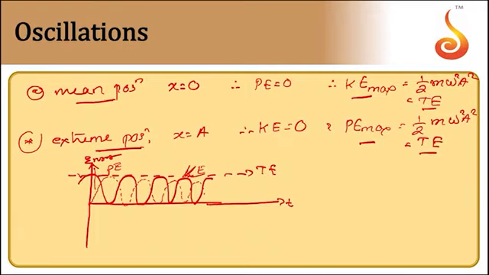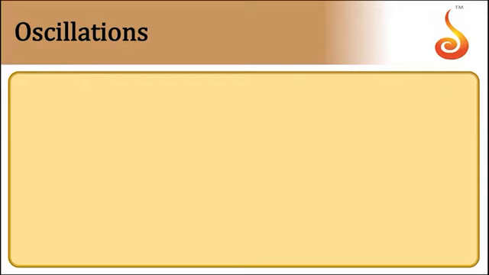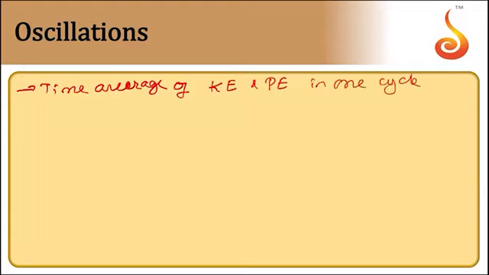Now here a couple of important equations are worth remembering. Suppose I consider the time average of kinetic energy and potential energy in one cycle. Average kinetic energy over one cycle is 1 by 4 Ka square.